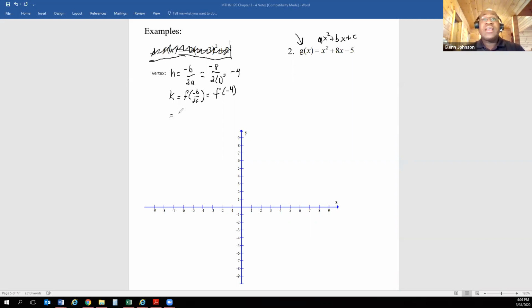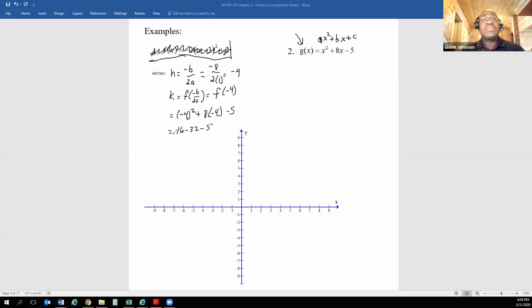So we plug in negative 4 for x, so that'll be negative 4 squared plus 8 times negative 4 minus 5. So negative 4 squared is 16, plus 8 times negative 4 is negative 32, minus 5.